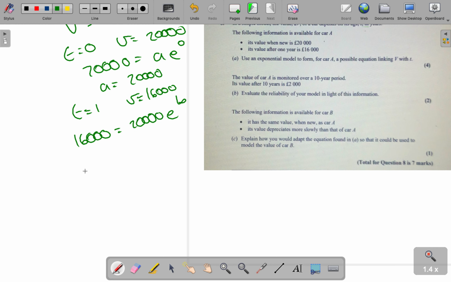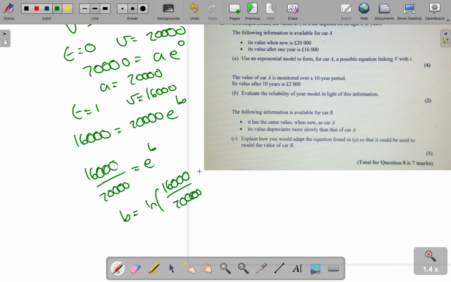Then from here we just rearrange, so 16,000 divided by 20,000 is equal to e to the b, and therefore b is equal to ln(16,000/20,000), which on the calculator is equal to minus 0.2231. So your model is going to be V is equal to 20,000 e to the minus 0.2231t. And that's for part A.